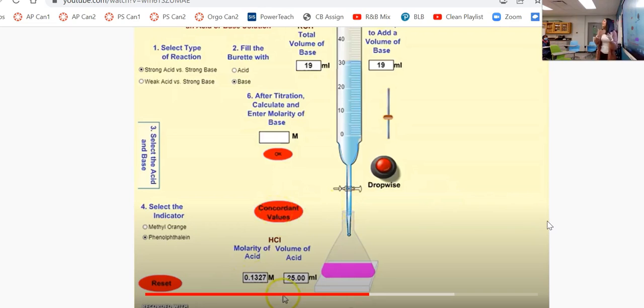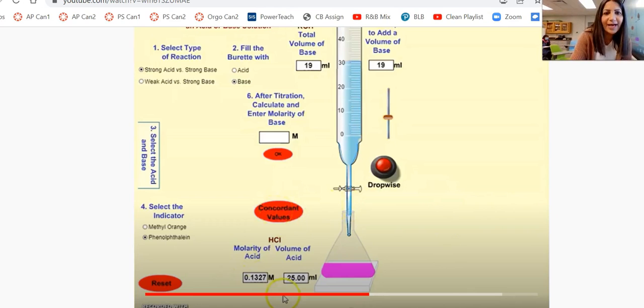You're not doing that, because you're using MaVa = MbVb. That's the equation you're going to use. You use Ma and Va, and the volume of your base is how much you dropped in. That's your Vb, which means all that's left is to calculate your Mb. That's the basic idea of doing an acid-base titration.